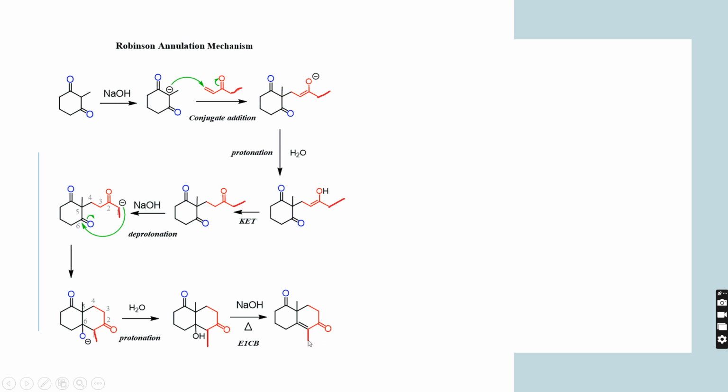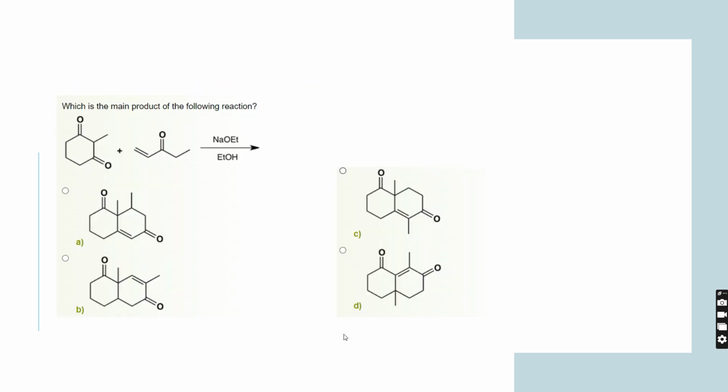Why is this more stable compared to the double bond here? Because this double bond is in conjugation with the ketone. That is why in this question you get this alpha beta unsaturated ketone as the major product, and thus by the Robinson annulation mechanism you get option C as the correct answer.